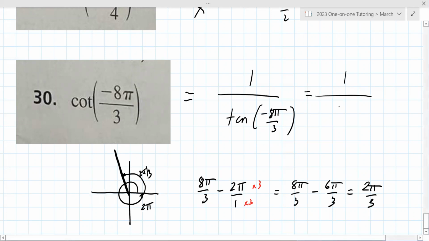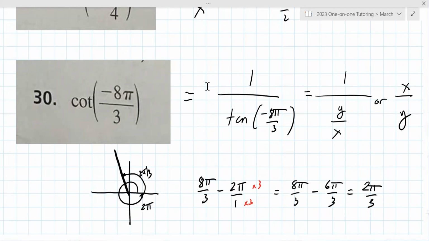Okay, so this is 1 over y over x, or you can flip it all together and just make this x over y. Doesn't matter. What would you prefer for the tangent? Just maybe x over y. Okay, so what is the x value here? The x value at that place in the unit circle.